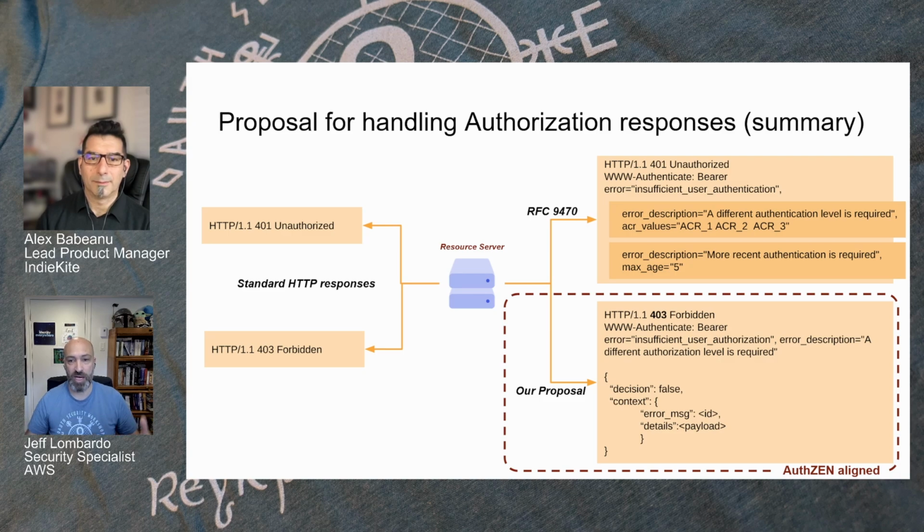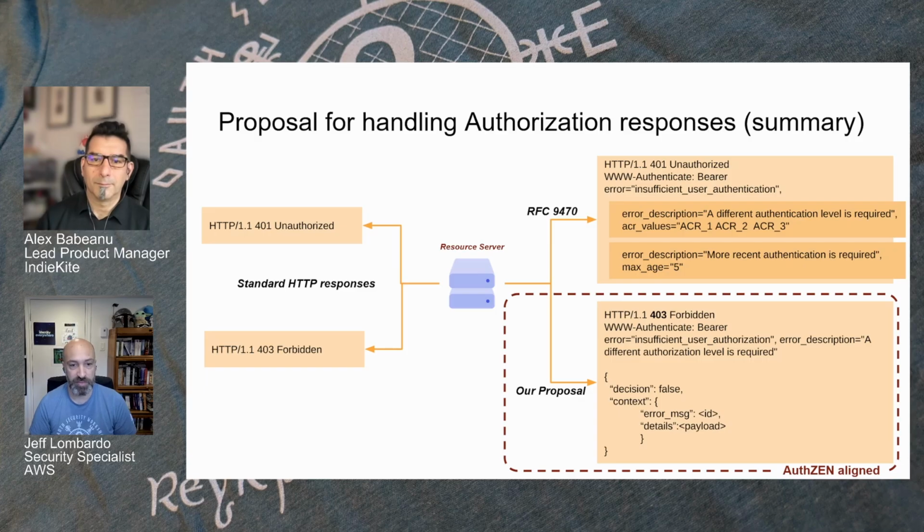And if we look at the larger picture, what we can see is that we will still respect the fact that a resource provider can answer along the old and legacy 401 and 403 HTTP response codes without more details, but it will now liberate the resource provider with the ability to provide more details about that.